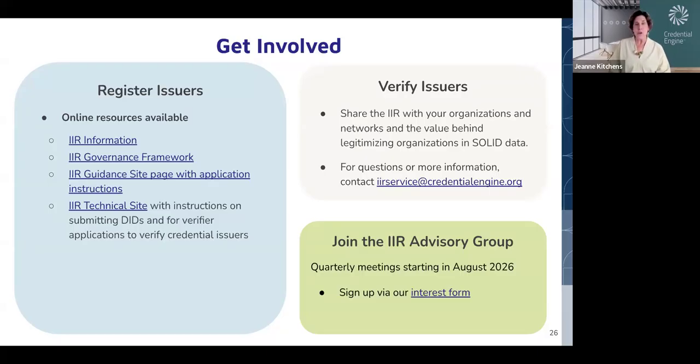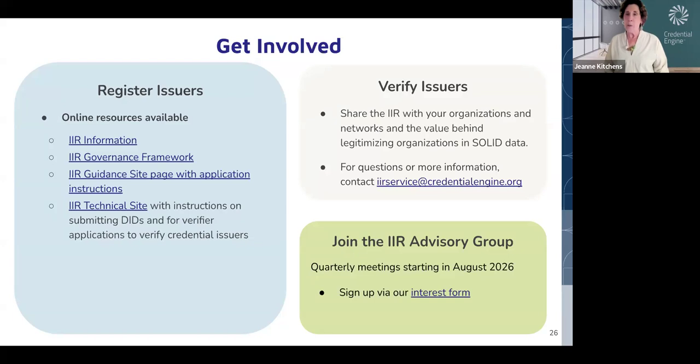So if you're issuing credentials, put your data in the credential registry and join the IIR. If you're on the verification side and you need to verify these credentials, start using our Issuer Identity Registry and other issuer identity registries that may be out there.